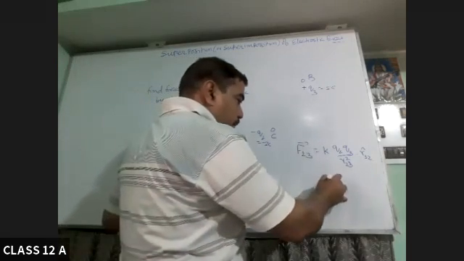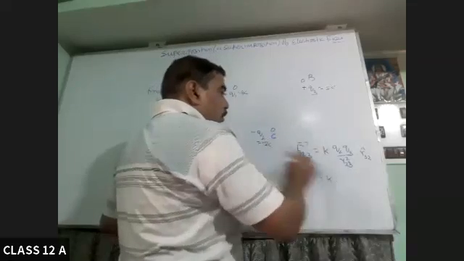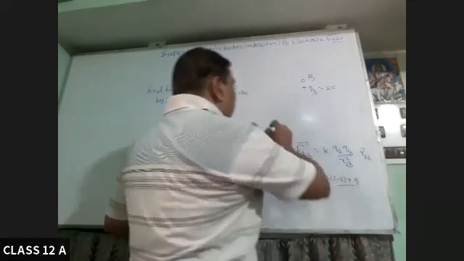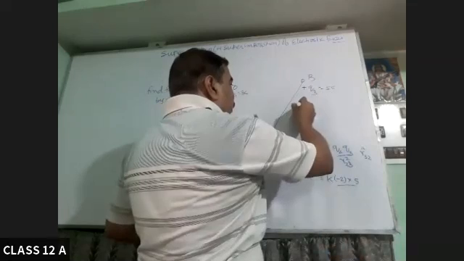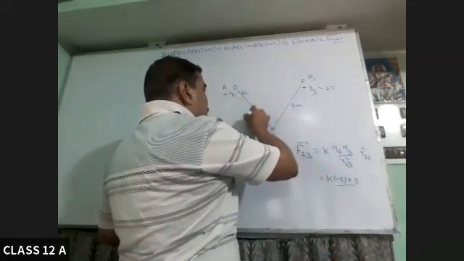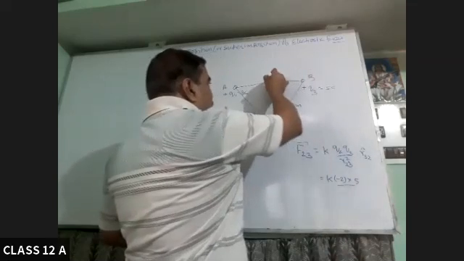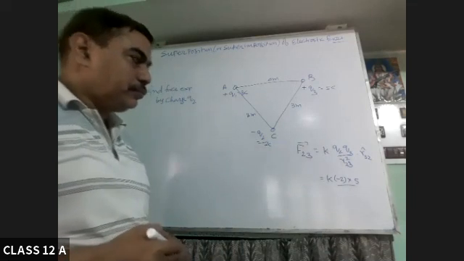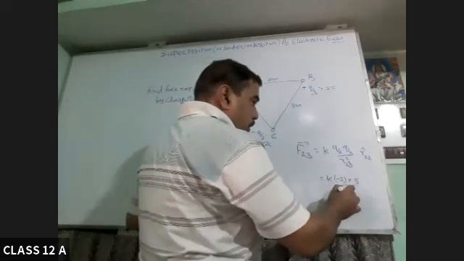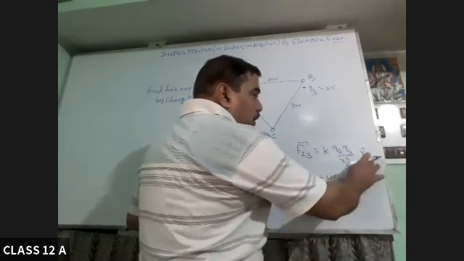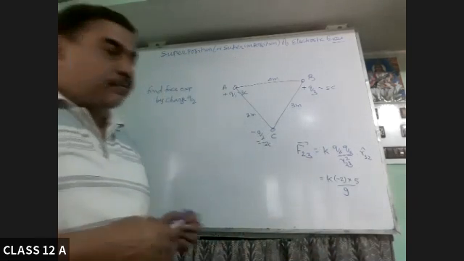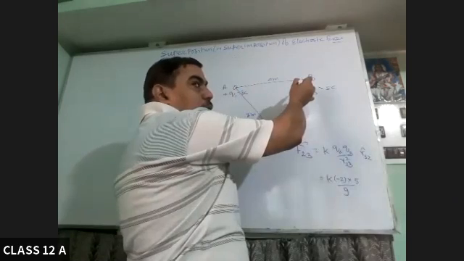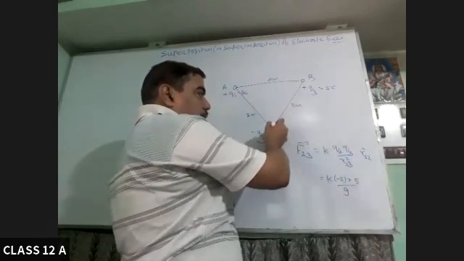K means whatever value will come. Q2, Q3, that is minus 2 into 5 by whatever the distance may be given. Suppose this is 3 meter, this is 2 meter, this is 4 meter, maybe whatever it is. R23, that is 9. Now what is the direction? Yes, this is the direction.